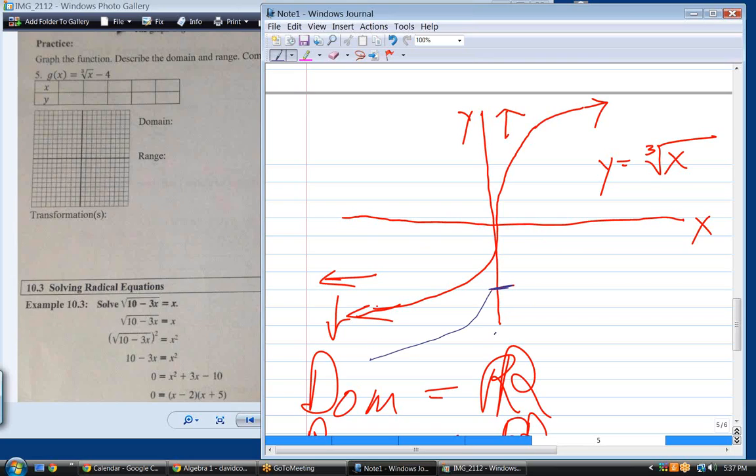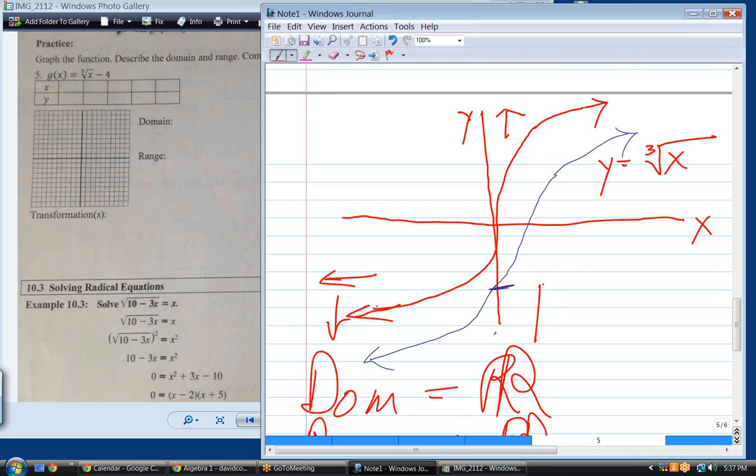It's going to look very similar to my other curve, only it was just shifted. I didn't change its shape, I just shifted it. What did that do to the domain and range? What's the domain of the blue line? Still all real numbers. What's the range of the blue line? All real numbers? Correct.